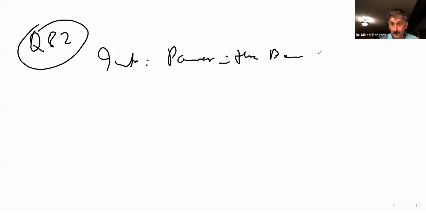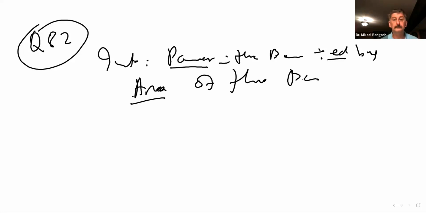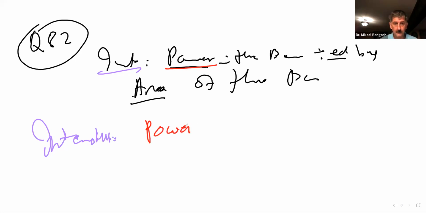Divided by the area of the beam. Or if you just look at it, intensity is just power divided by area.